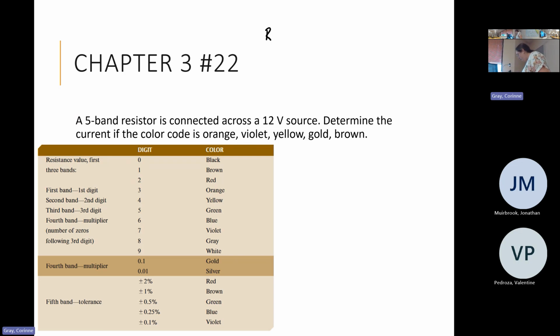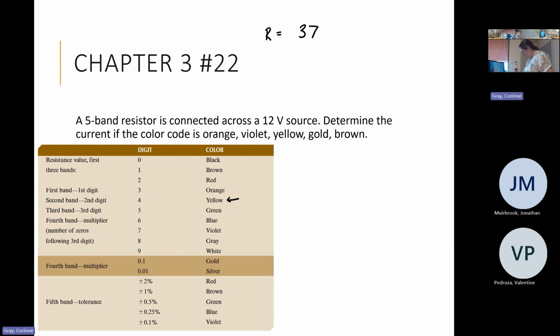So first I want to go through and I have orange. So that is going to be a 3. My next one, I have violet, which is down here, which is a 7. Then I'm going up to yellow.